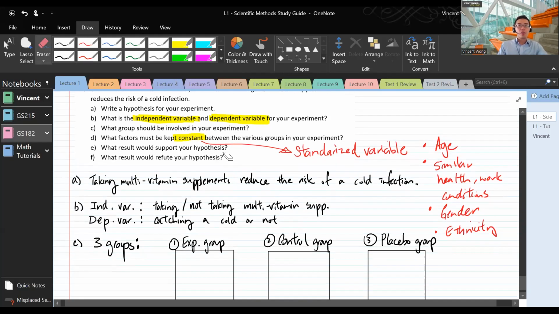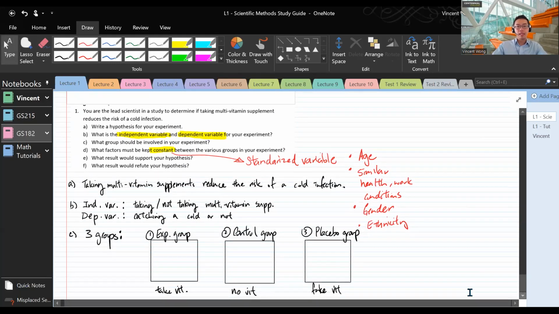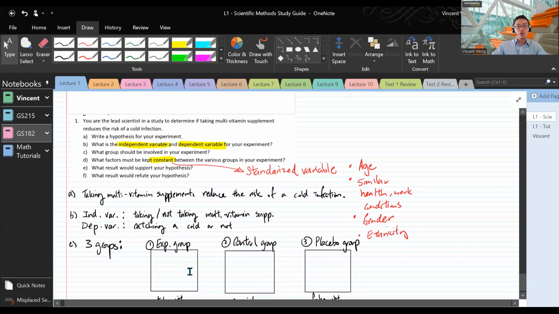What result would support your hypothesis? Well, my hypothesis was that taking vitamins would reduce the risk of catching a cold. So what would support the hypothesis is that people in the experimental group do not catch a cold as easily as the control and the placebo. Okay.